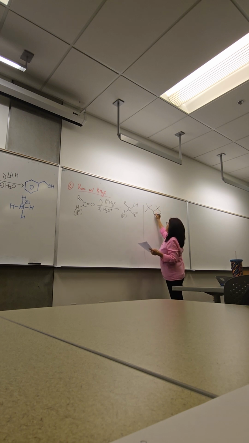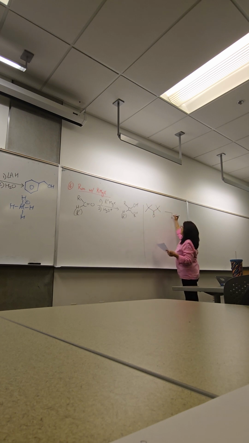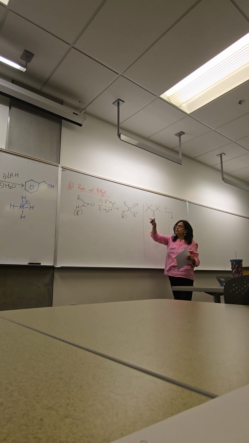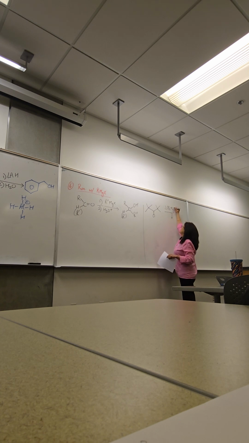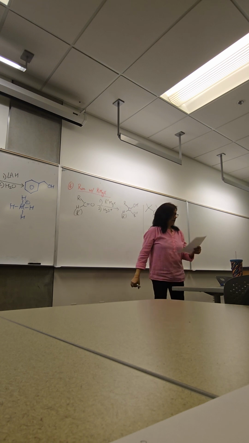Guys, please tell me, what is the product? And by the way, how many equivalents of Grignard are needed for this reaction? Just one. Exactly. Because Grignard is reacting only once. So what will the product be? And let's write a mechanism.